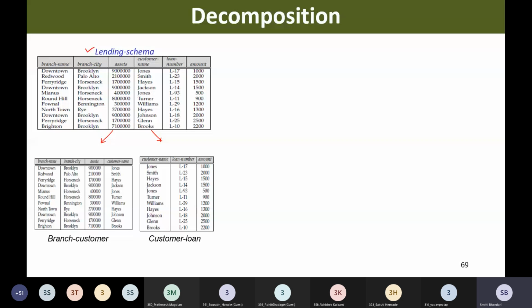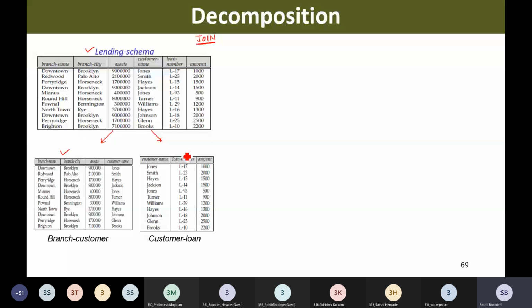Right? Now, we have decomposed this relation into two relations, and if we would like to perform the natural join of these two relations, branch customer and customer loan, let us try to perform it.